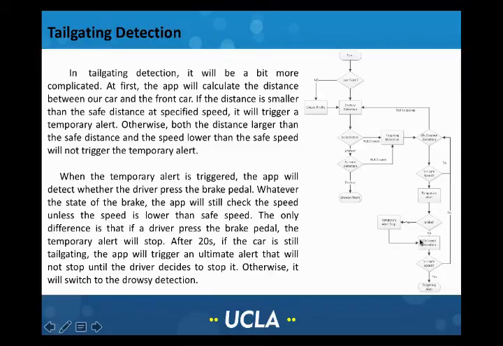After 20 seconds, if the car is still tailgating, the app will trigger an ultimate alarm that will not stop until the driver decides to stop it. Otherwise, which means that the car is not tailgating, it will switch to the drowsiness detection.